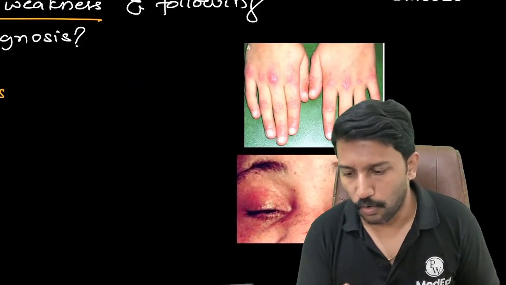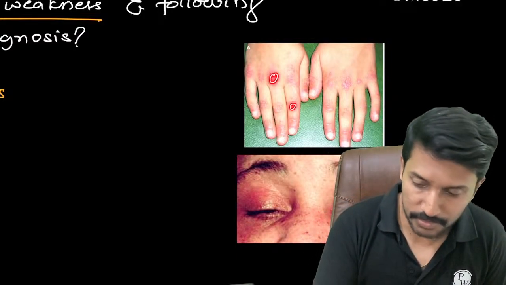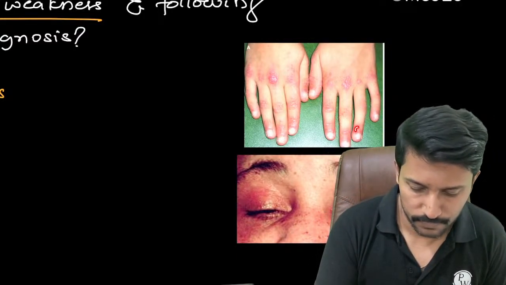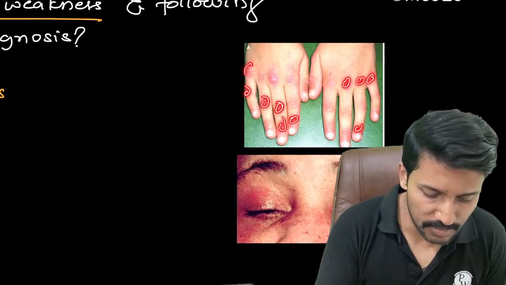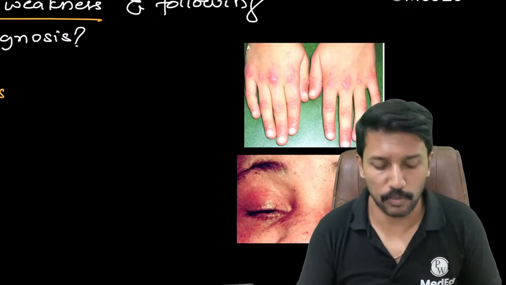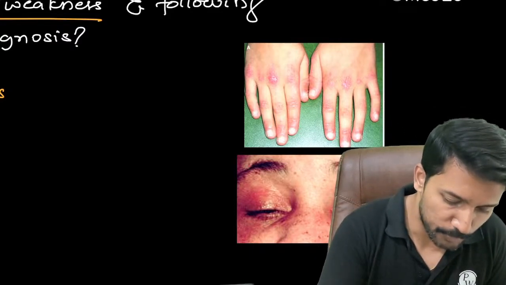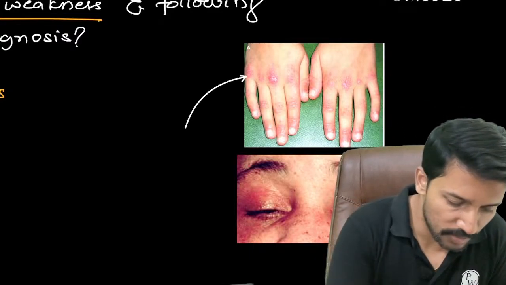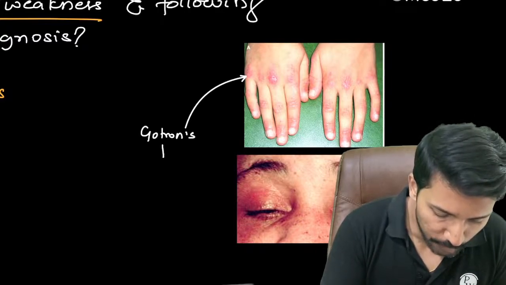The first one I think all of you are familiar with. What are these lesions called? There are papular rashes that you can see here on the dorsum of the hand. These papules are called Gottron's papules.